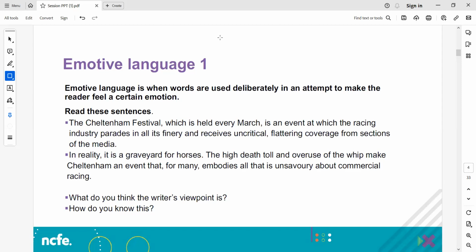What are the emotive words that have been used in these sentences, particularly looking at the second section? So where it starts, in reality, it is a graveyard for horses. What vocabulary has been used there to make us as the reader feel a particular emotion? What do you think? So would anyone like to share an idea?